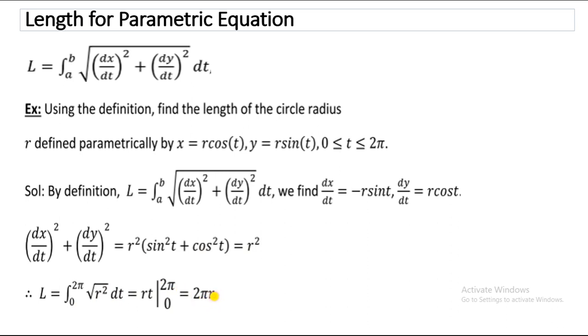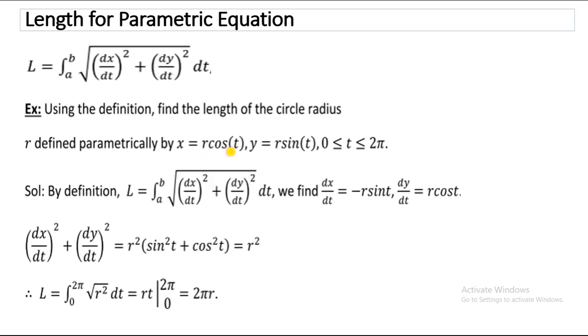So the length of any circle, its circumference, is always 2 pi r.